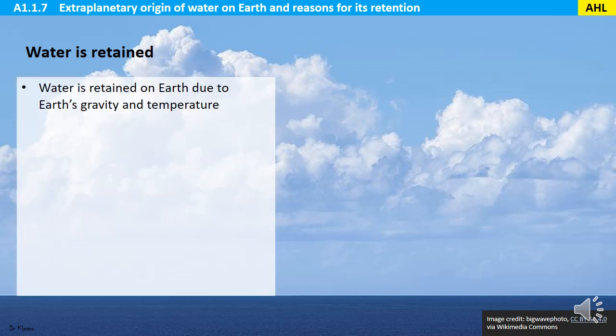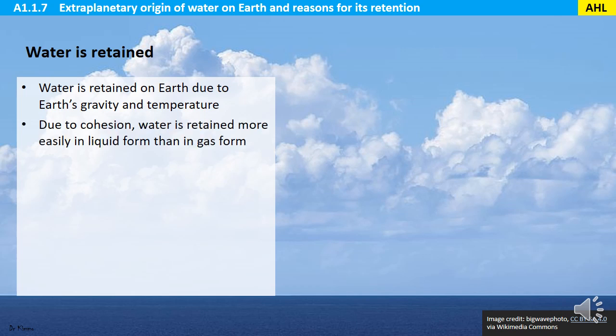Water is retained on Earth due to Earth's gravity and temperature. Due to cohesion, water is retained more easily in liquid form than in gas form. And the higher the temperature, the higher the velocity of molecules, and the easier it is for them to escape.